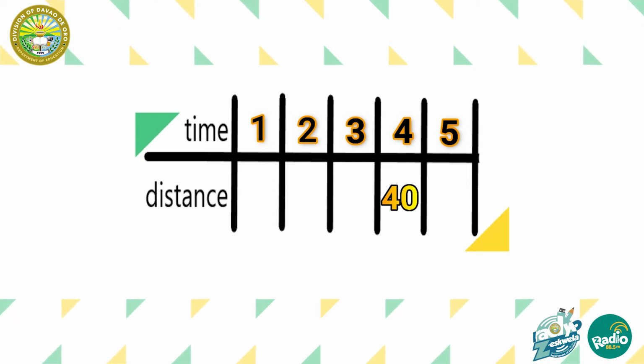This will represent the time when Jericho traveled, and then write 10, 20, 30, 40, and 50 on the second row to represent the distance traveled by Jericho in every hour.